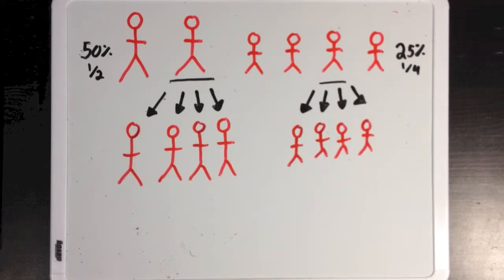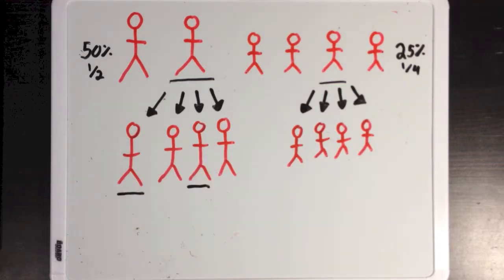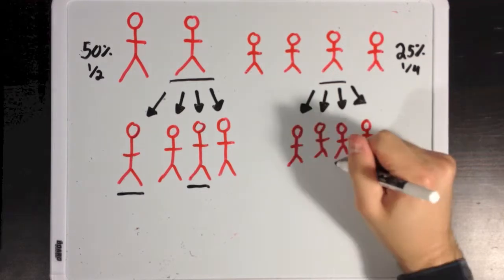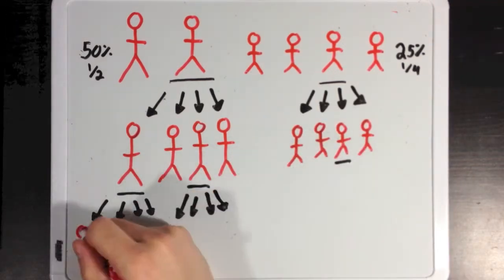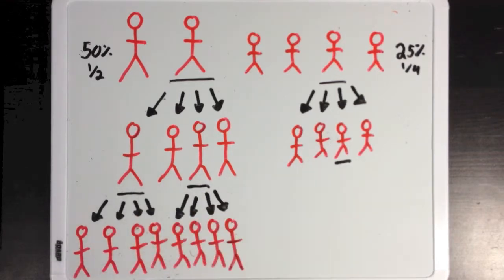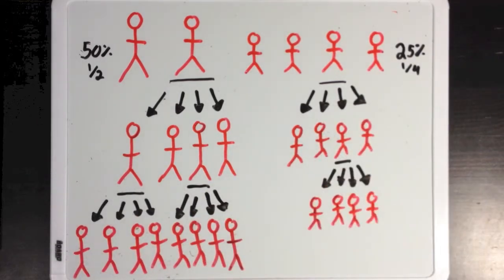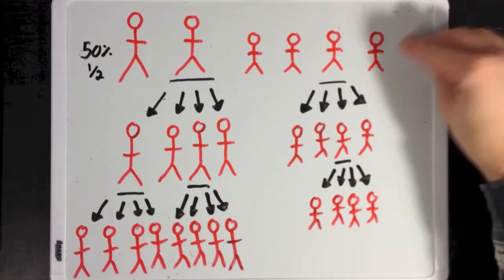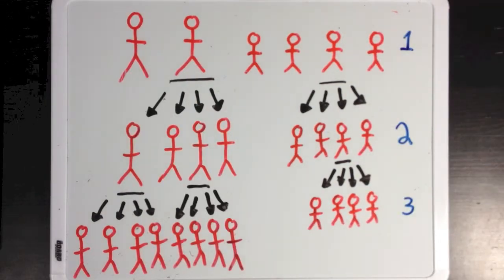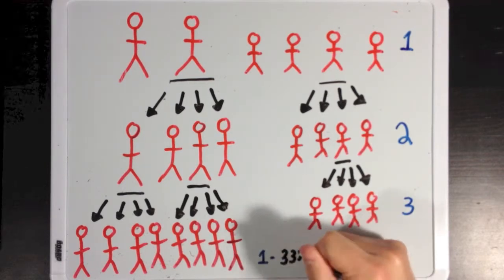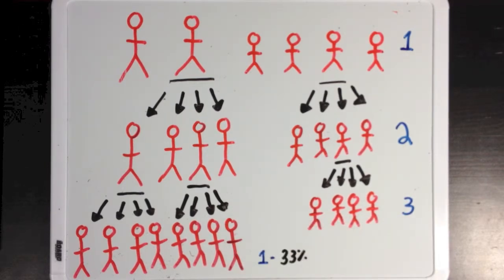But let's take it another generation further. So half of our long-legged people will reproduce, whereas only 1/4 of our short-legged people will reproduce. And this means that by our 3rd generation, we'll have 8 long-legged kids and only 4 short-legged ones. Now, if we number our generations 1, 2, and 3, we can see that in generation 1, 33% of the population was long-legged.